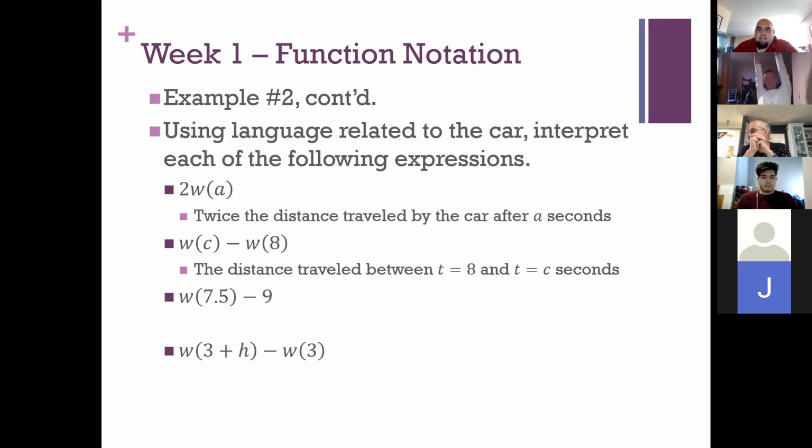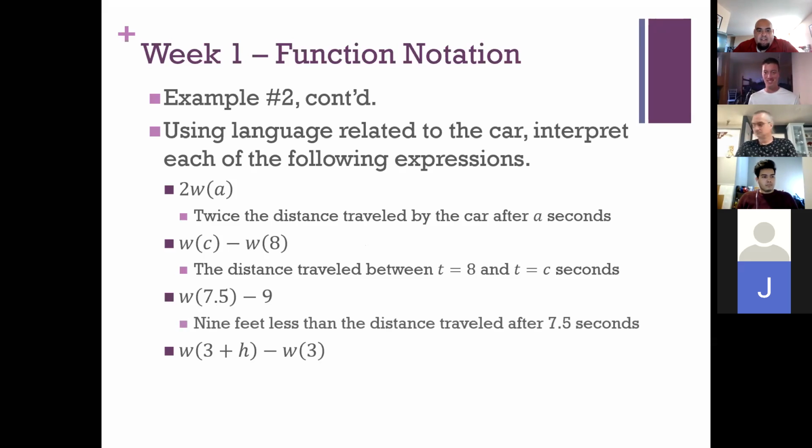So it sounds like nobody fell into my trap of trying to take a difference between times here. There's a distance that the car travels in 7.5 seconds, and I want 9 feet less than that. So 9 feet less than the distance traveled after 7.5 seconds.